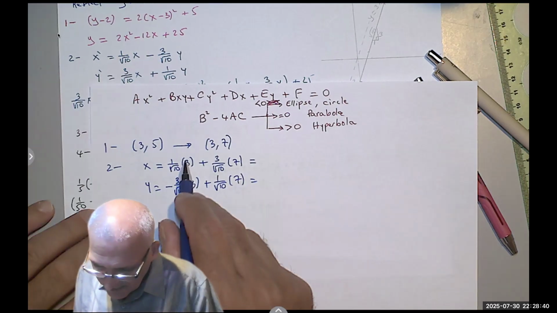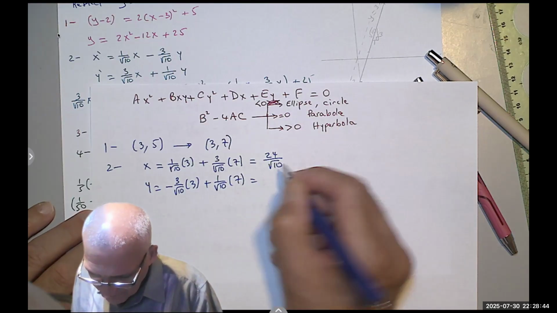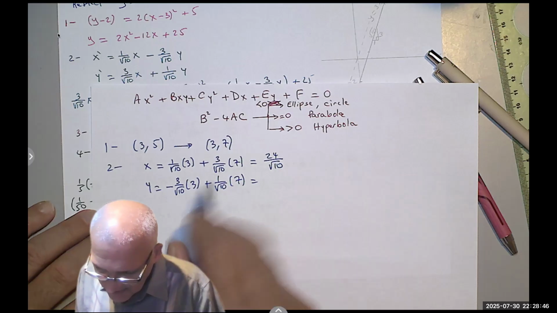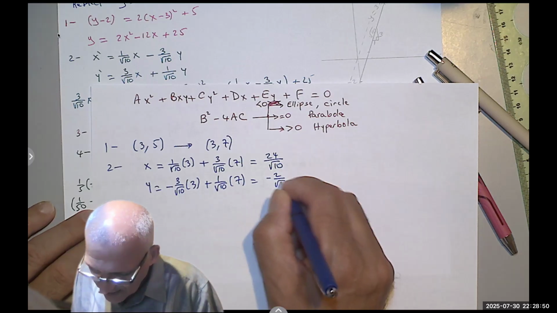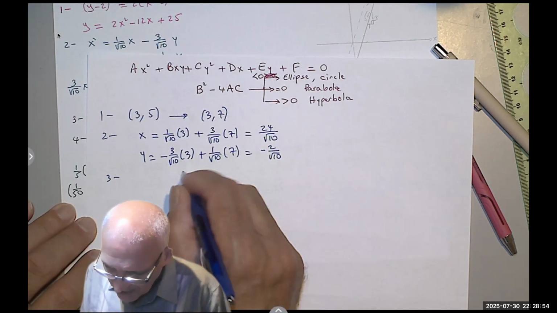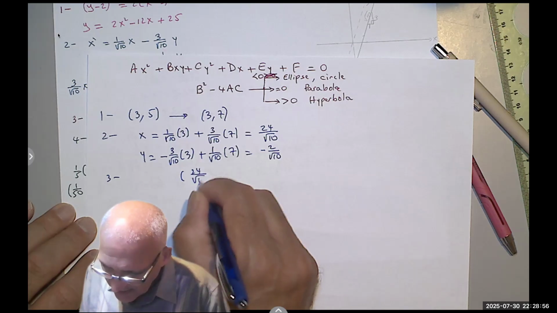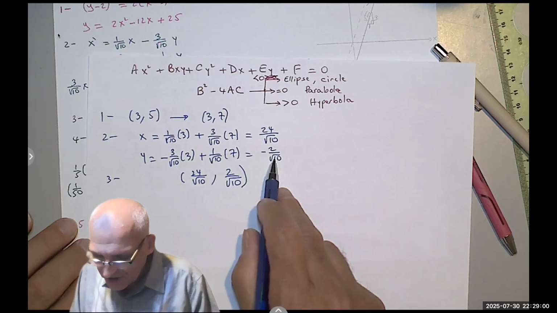So I will get 3 and 21. This is 24 over root 10, right? And this is negative 9 plus 7, which is negative 2 over root 10. Step number 3, those would become 24 over root 10 and 2 over root 10, because I'm going to change the y.